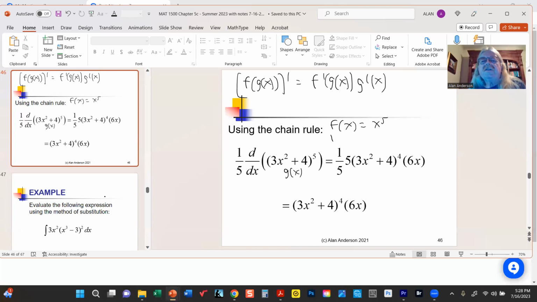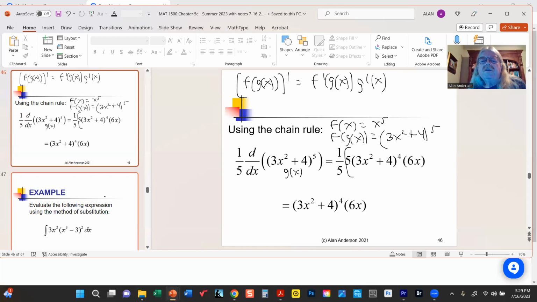So that f of g of x must be (3x squared plus 4) to the 5th power, and that's fine. Now, what about the derivative, though? Well, we need a couple of things here. So we've got the 1/5.